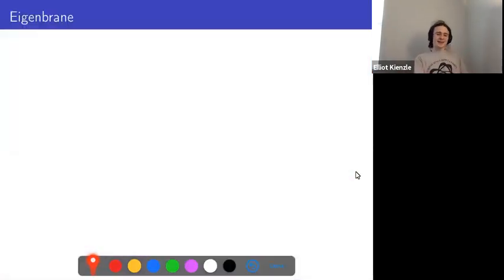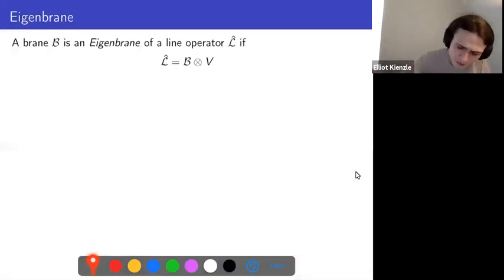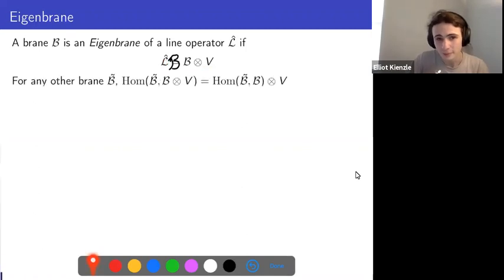So now let's talk about eigenbranes, right? They're functors on the category of branes. What about eigenbranes of these functors? So we define a brane B to be an eigenbrane of a line operator if the action of the line operator on B acts by tensoring with some constant vector space V. So what do I mean by tensoring a brane with V?